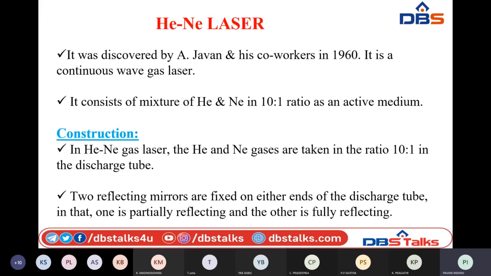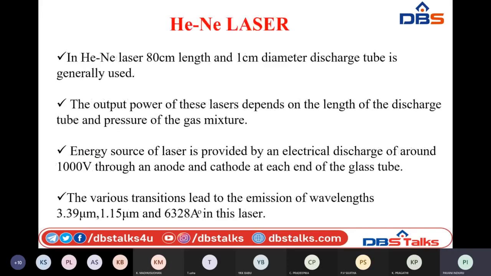Though we are using helium and neon here, actually neon is the active medium in this kind of laser. Coming to the construction, the ratio of gases is 10:1, and at both ends of the discharge tube we arrange optical mirrors. One is fully reflecting, another one is partially reflecting.